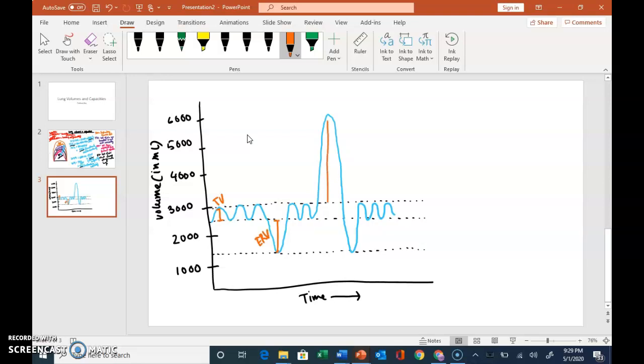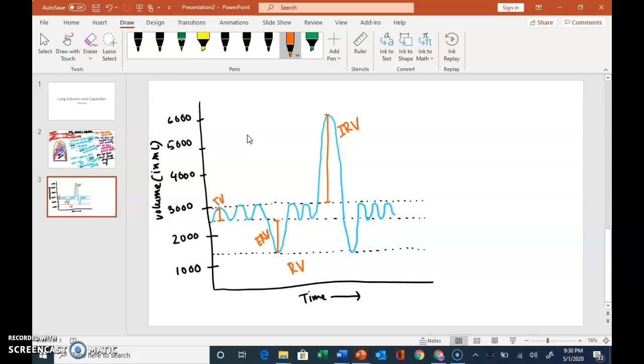This volume right here is your inspiratory reserve volume. And this right here is residual volume. Okay, so I have plotted RV, ERV, TV, and IRV. These are the 4 volumes you must know.